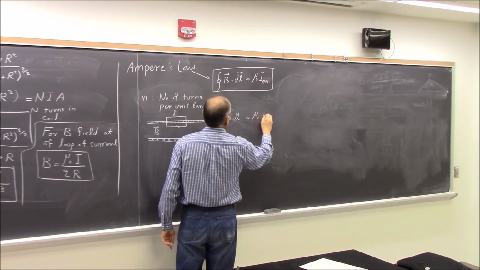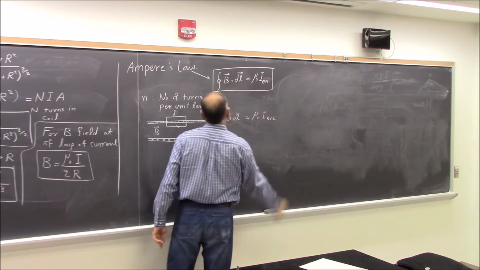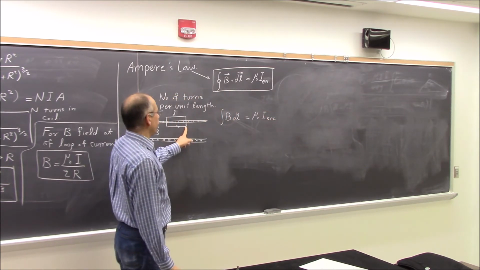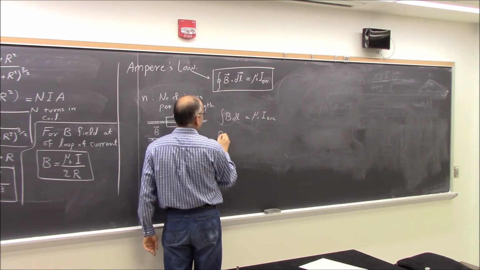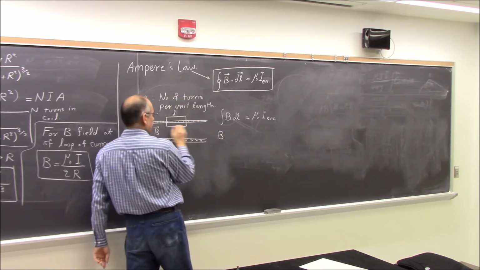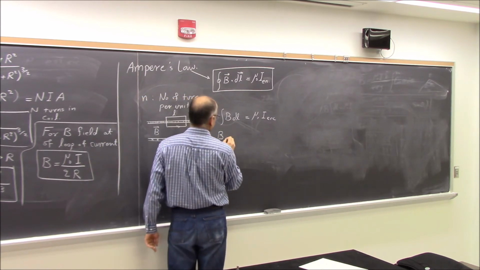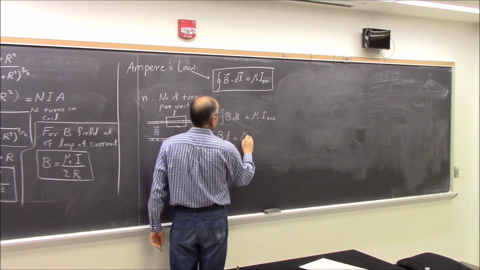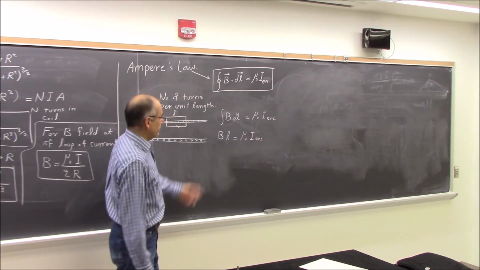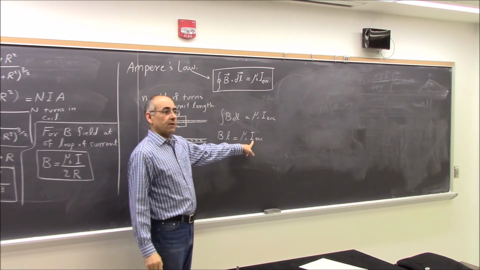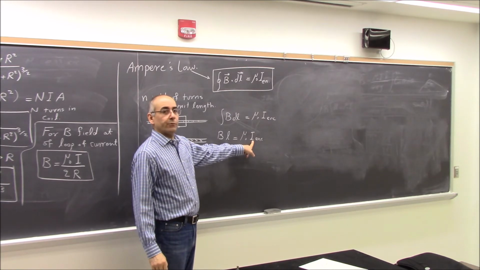Equals mu naught I enclosed. And then B is the same everywhere. B comes out of the integral, becomes B times the integral of dl, which is just L, equals mu naught times I enclosed. Now, our task is to find what is the current enclosed in that loop.